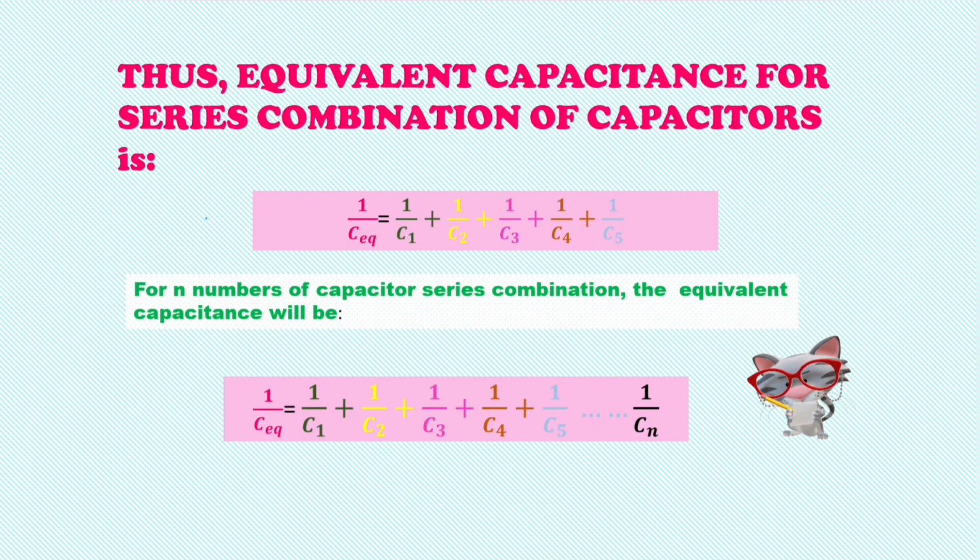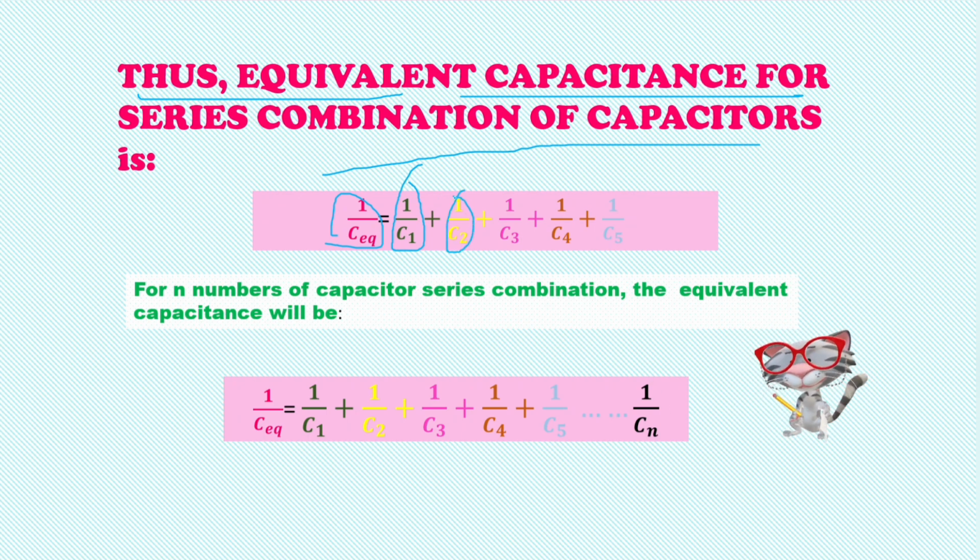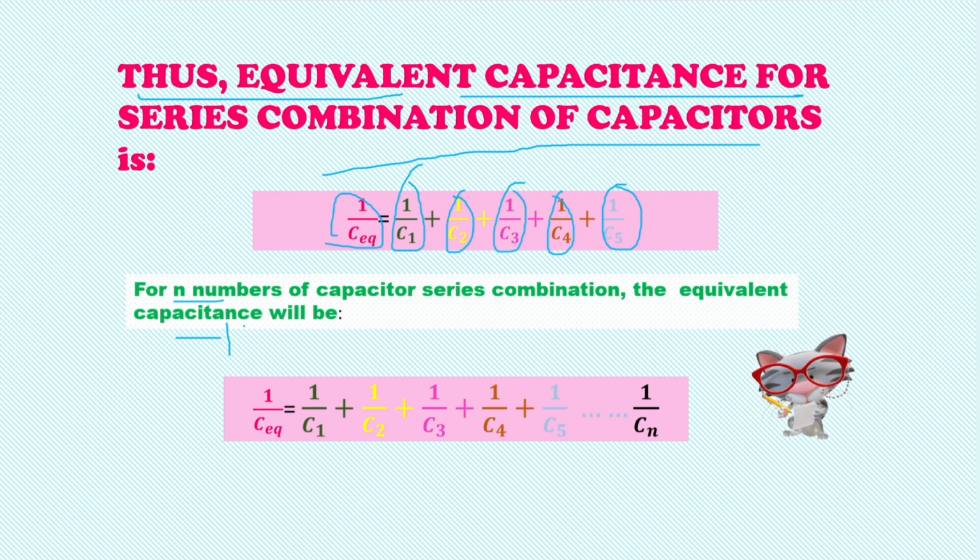Finally, the equivalent capacitance for a series combination of capacitors is, that is, 1 divided by C equivalent equals 1 over C1 plus 1 over C2 plus 1 over C3 plus 1 over C4 plus 1 over C5. But this formula is for a series combination of 5 capacitors.